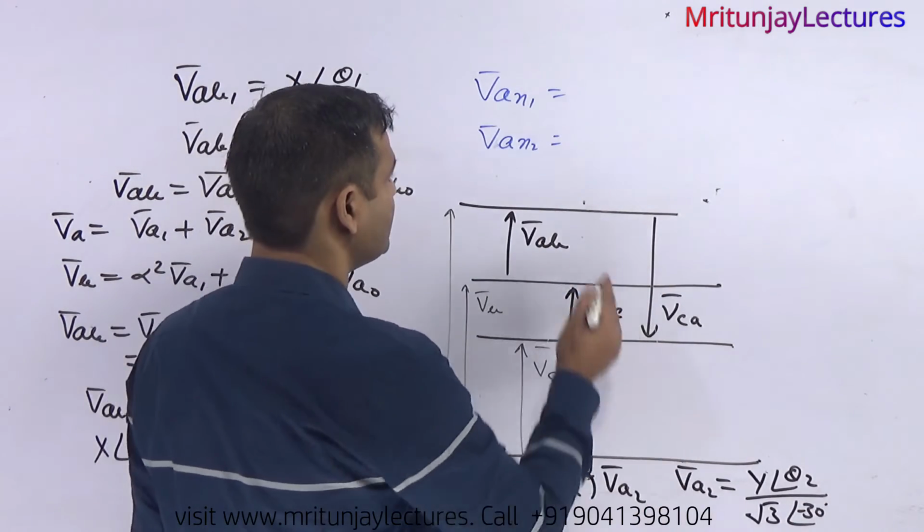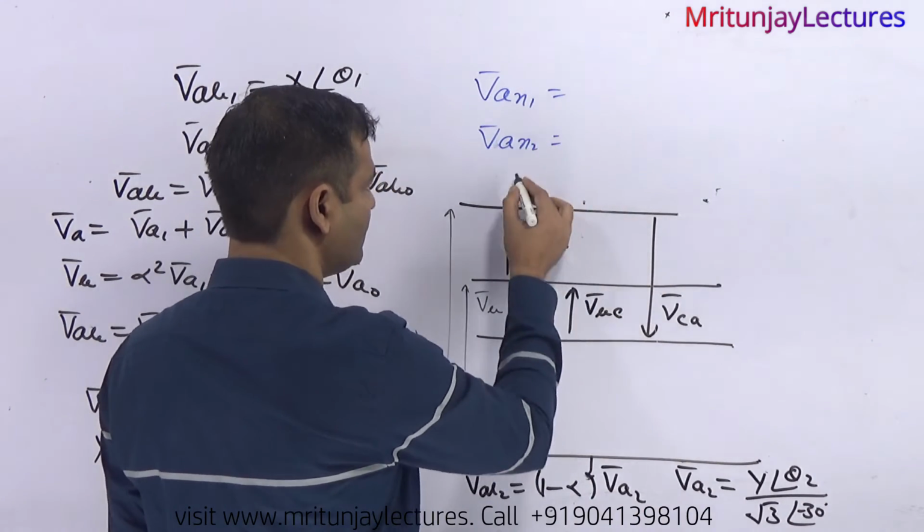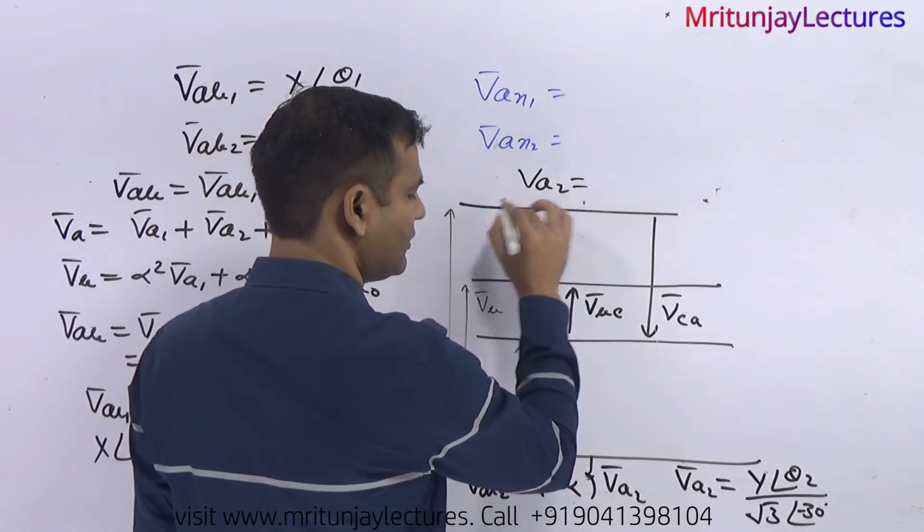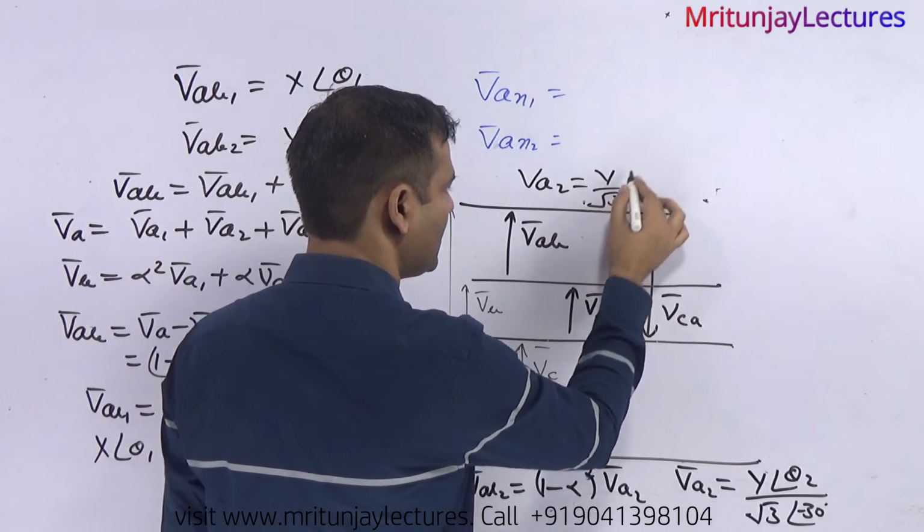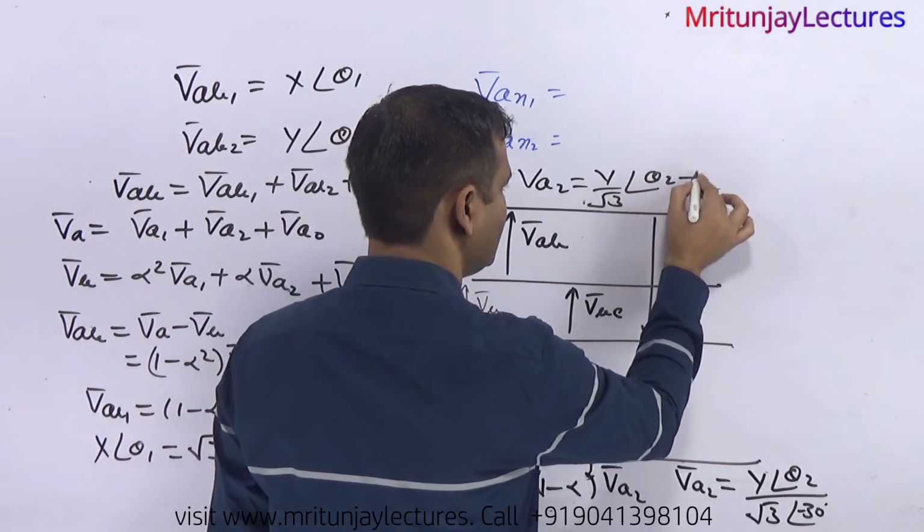Okay, so V of A2, we got y by root 3 at the angle theta 2 plus 30 degree.